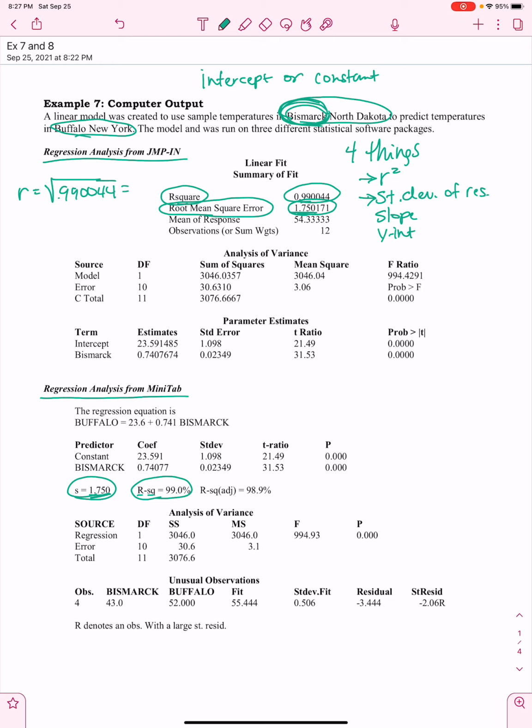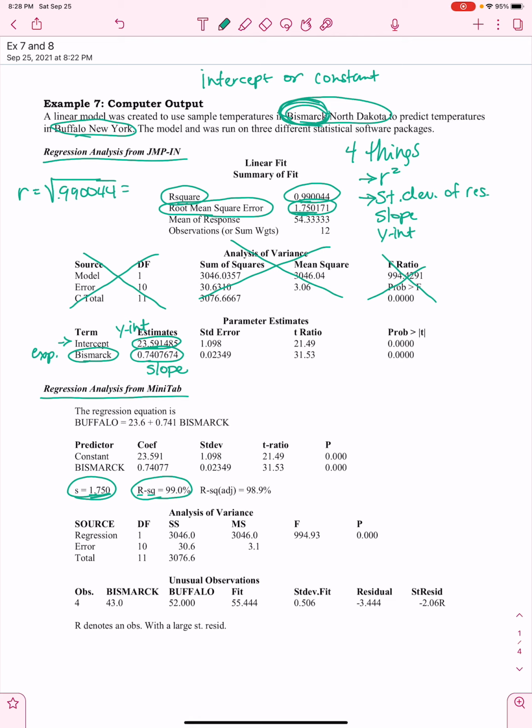So let's look for those words here. So I'm looking down here. Okay, there's nothing here. There's nothing here. Oh, look. Intercept. You know what that means? This is the y-intercept. The number right next to that is the y-intercept. Bismarck, that is my explanatory variable. So this right here is the slope.